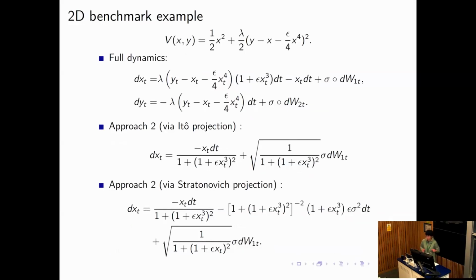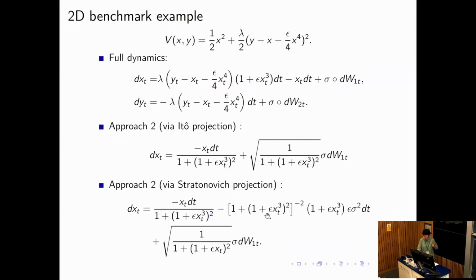So let's consider a very simple two-way model. It's just a 2D benchmark. We have the linear contribution from just the harmonic part and a nonlinear contribution, where the nonlinear strength is denoted by epsilon. And we can just write down approach 1 and approach 2 for this system.